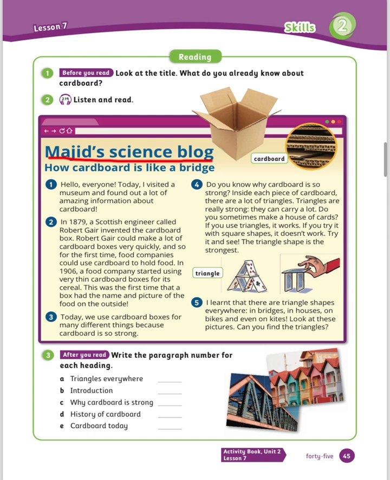Majid's Science Blog. How cardboard is like a bridge. Number 1. Hello everyone. Today I visited a museum and found out a lot of amazing information about cardboard. Number 2. In 1879, a Scottish engineer called Robert Gair invented the cardboard box.